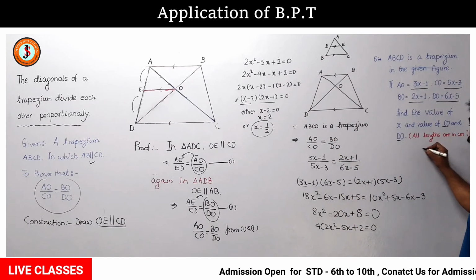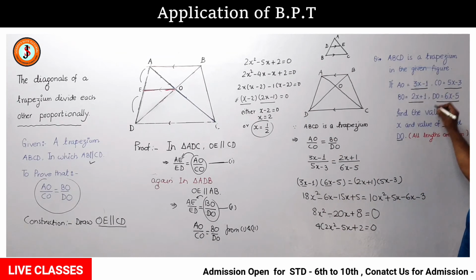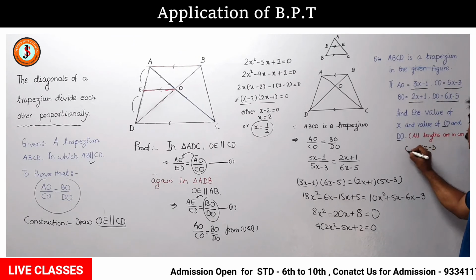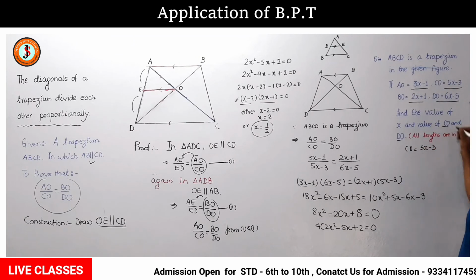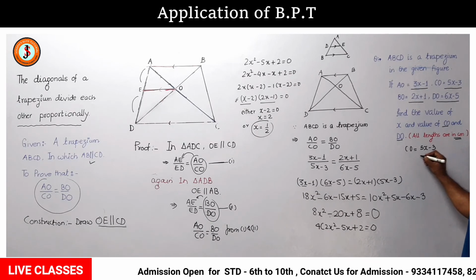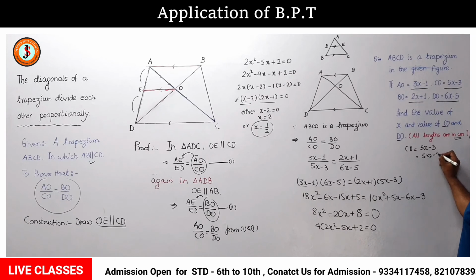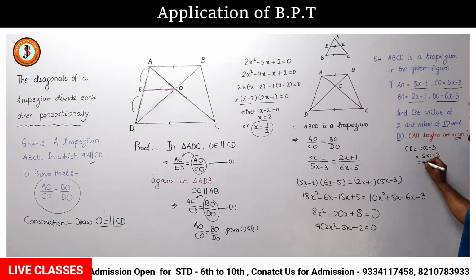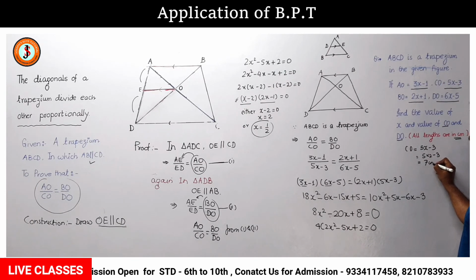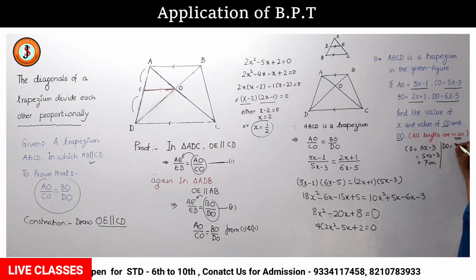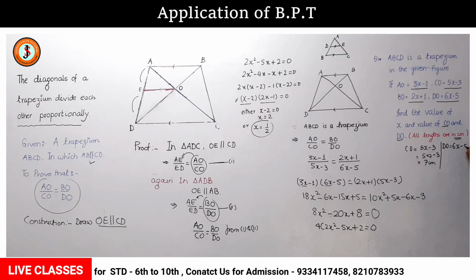So I am putting in the CO value, which is 5x minus 3. CO is 5x minus 3 units, centimeter, that is given in centimeters. So if I put 2, 5 2s are 10 minus 3, that is 7 centimeter. And DO is 6x minus 5.